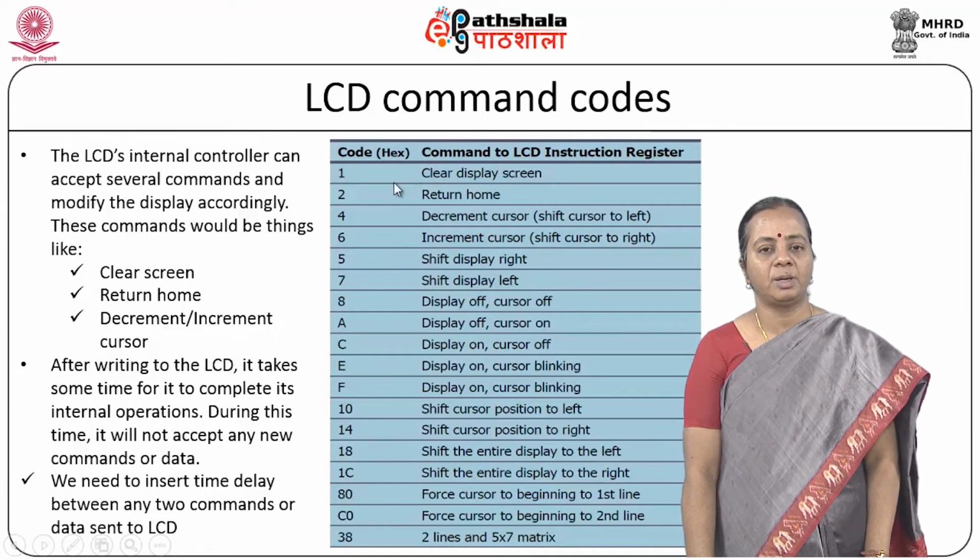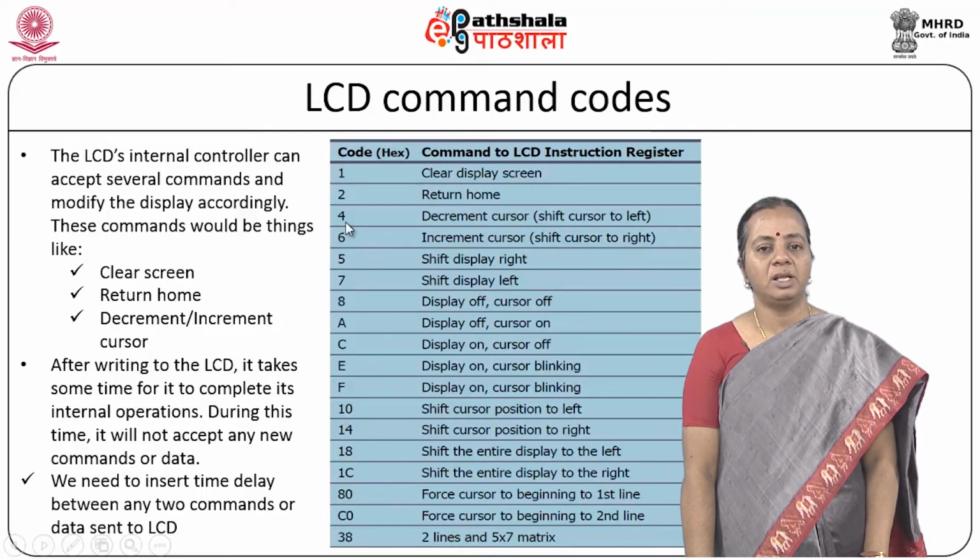If I send 1, it clears the screen. If I send 2, it returns to home. If I want to decrement the cursor from the position, the hex code to send is 4. If I want to shift the display right, I send the command 5 to the LCD. So these are the hex codes sent as commands to the LCD to indicate the things to be done.